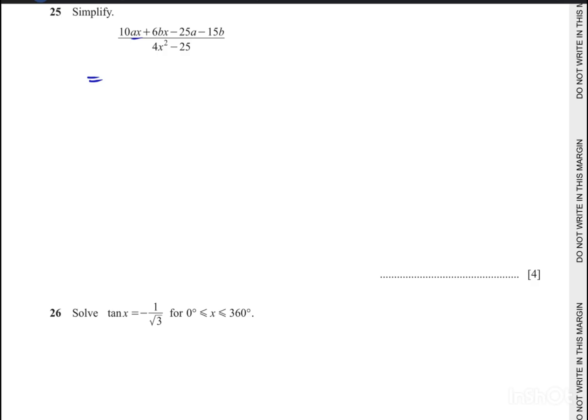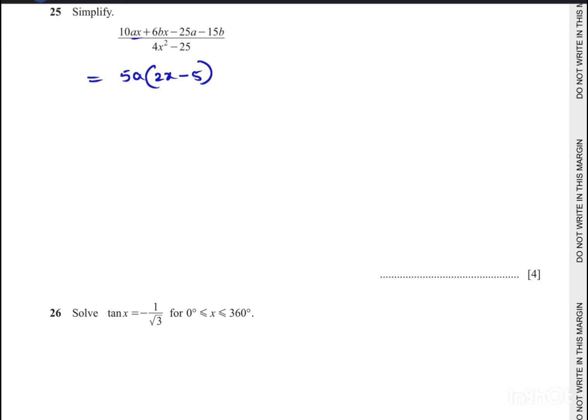So if I take 5A common in these two terms, then in brackets you'll have 2x and minus 5, because 5 into 2 is 10, A into x, AX, so 10AX, and 5 into minus 5 will be minus 25 and A as it is.